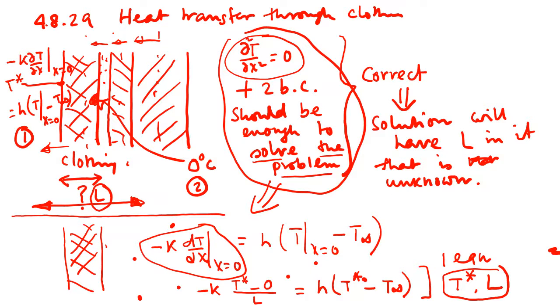That's why the way to solve this problem is from other known data, like you have here, where you know the temperatures between these two points, and you know the resistance. From that you can get the flux, and you equate the flux between these two resistances. This is resistance 1, resistance 2. You add them up, and you know these two temperatures: here it is -5 and here it is 0.